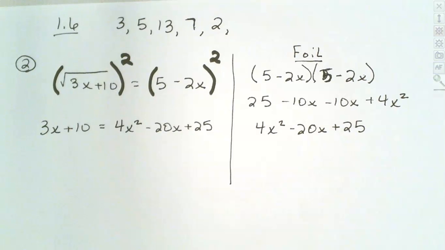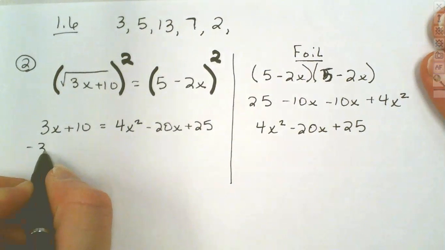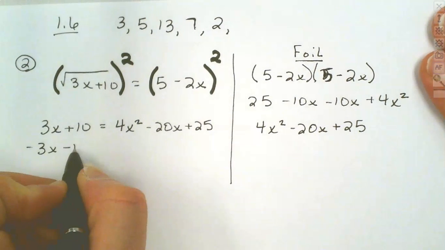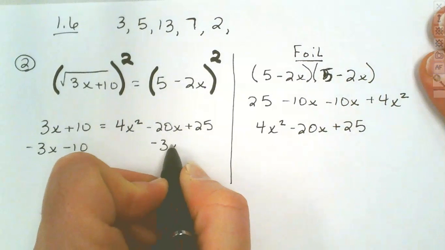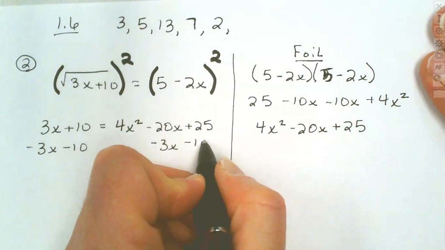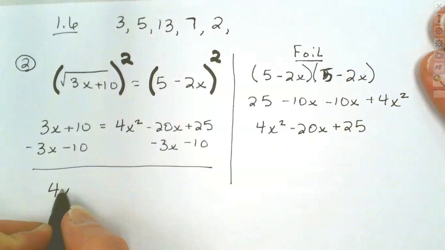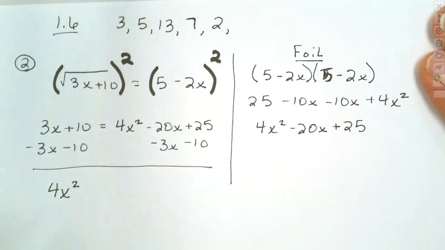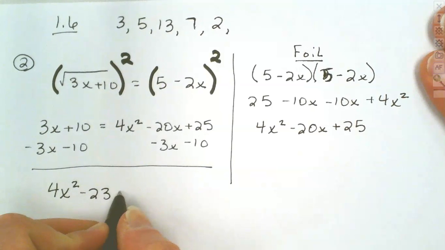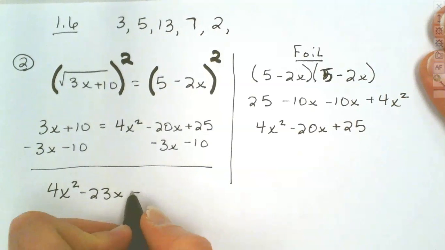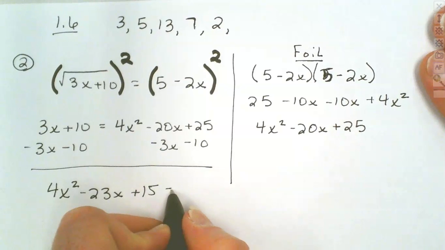We're going to begin by moving it around and setting it to 0. So we're going to move that 3x and that 10 over. And that leaves me then with rewriting 4x squared minus 23x plus 15 equals 0.